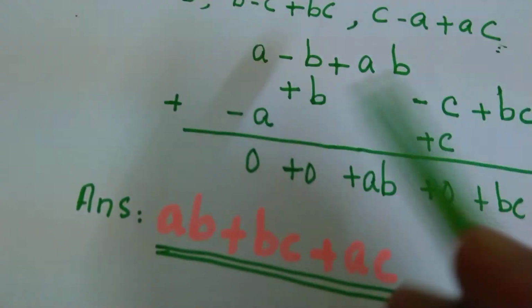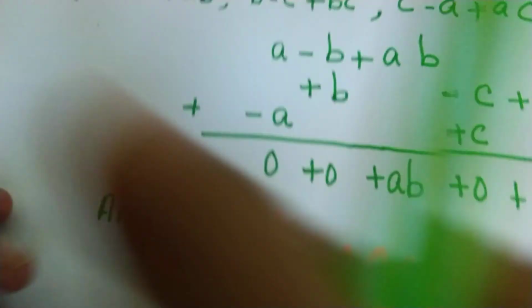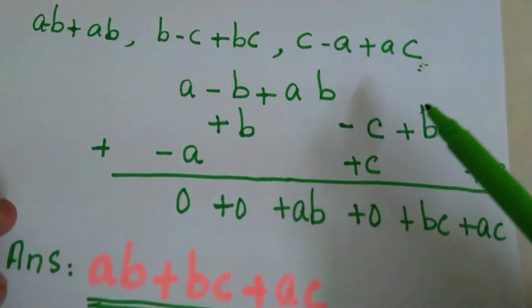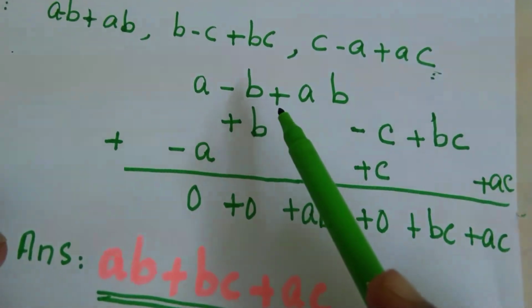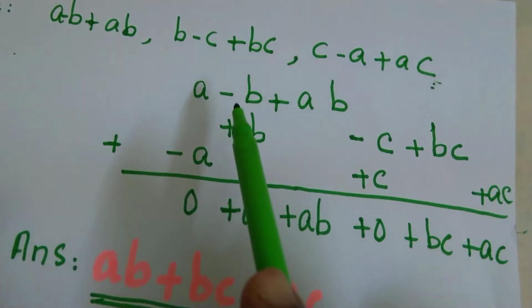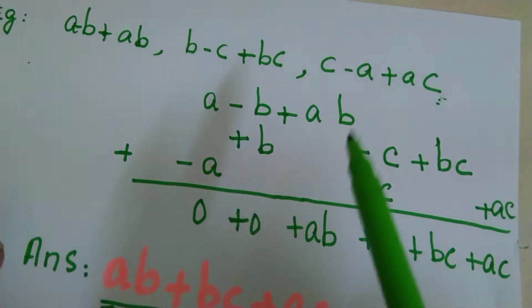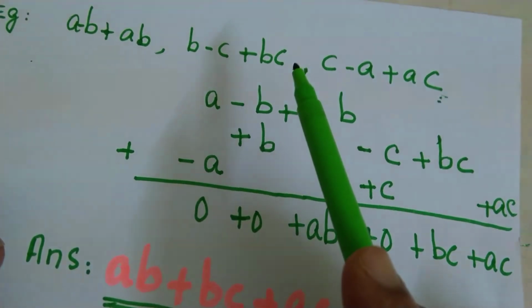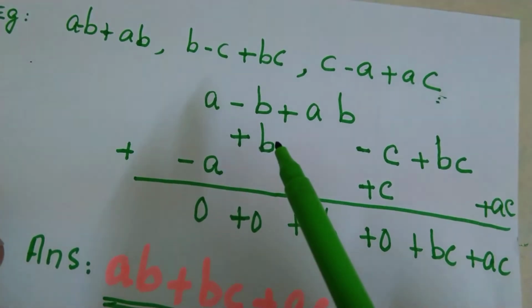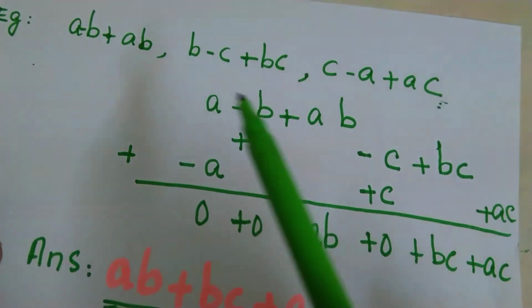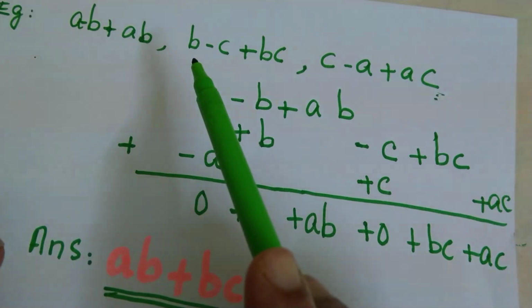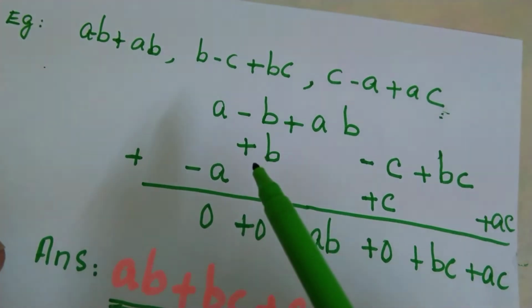As we have done before, we write these three expressions in three separate rows. So first expression we wrote in the first row like this. Now second expression, keeping the like terms in the same column, we are writing like this. Plus b of this has gone under this minus b.